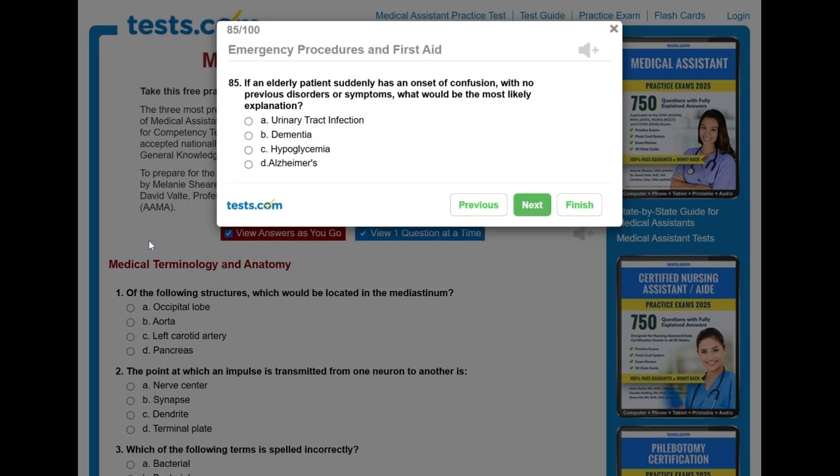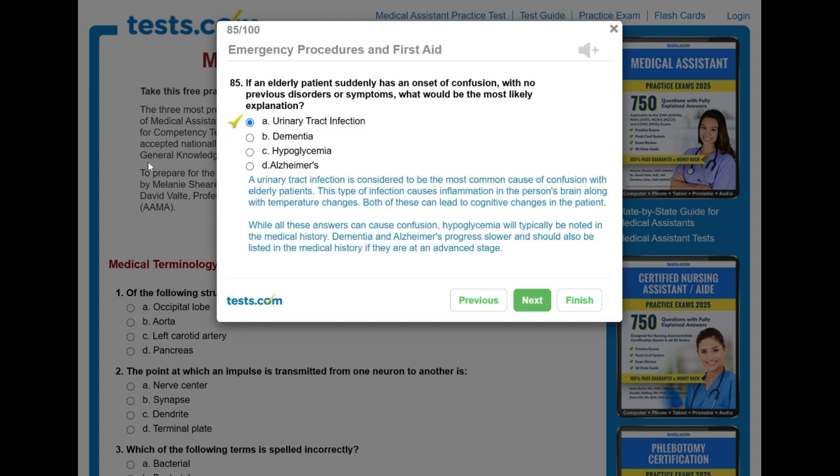Question 85. If an elderly patient suddenly has an onset of confusion with no previous disorders or symptoms, what would be the most likely explanation? A. Urinary tract infection. B. Dementia. C. Hypoglycemia. D. Alzheimer's. A. Urinary tract infection.